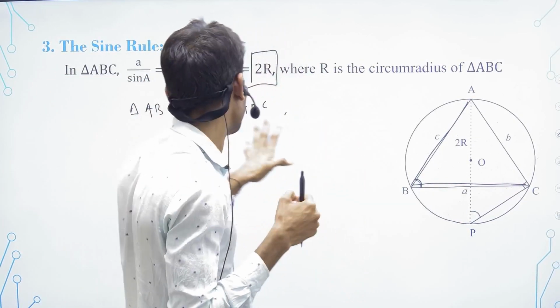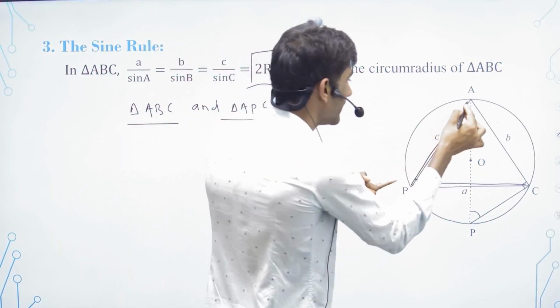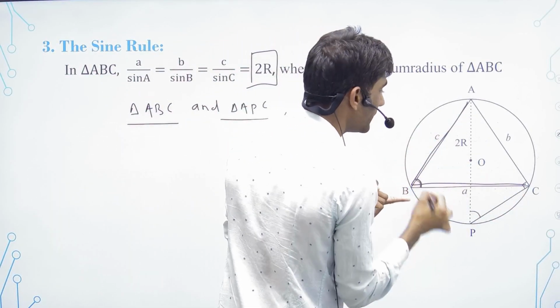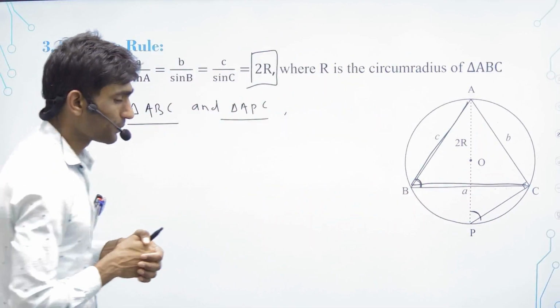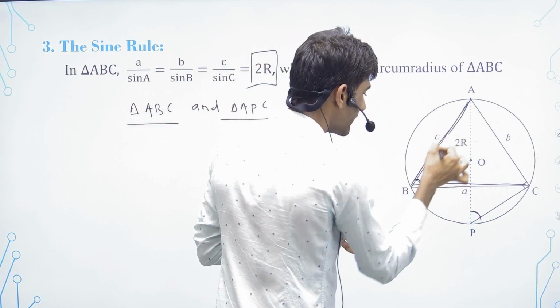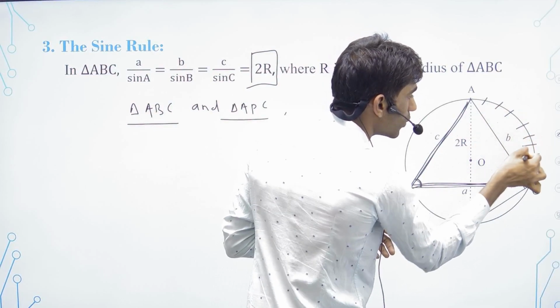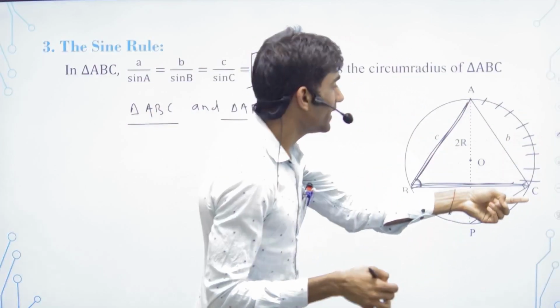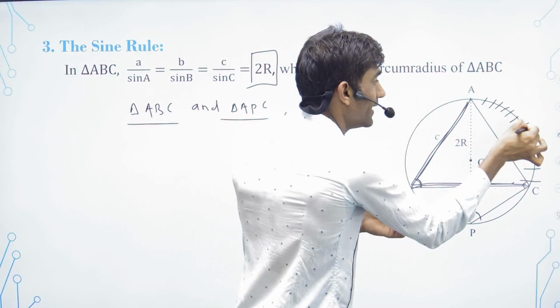Triangle ABC represents angle B, and APC represents angle P. Now we can see that angle ABC contains arc AC and angle APC contains arc AC.